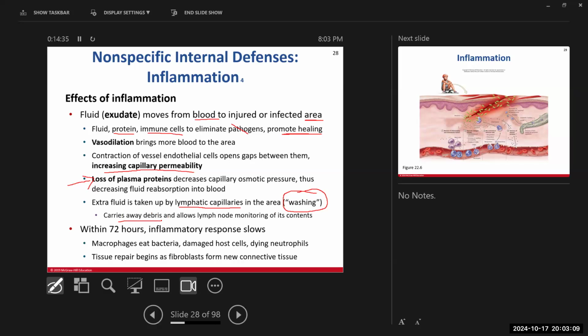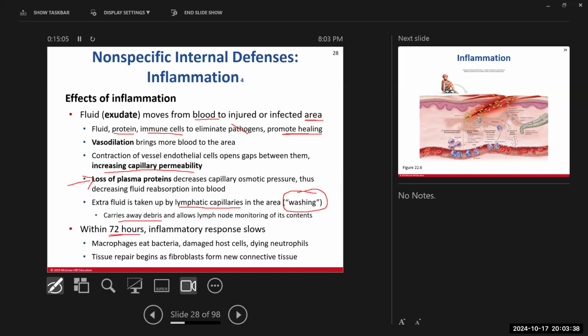So all that stuff that got washed out of the tissue is now going to go through your lymphatic system where you have white blood cells evaluating and analyzing all of that stuff that just got washed out of that tissue site injury there. And so there's probably some pathogens there. So we can kind of take care of that stuff. So this is the amazing thing. Inflammation, 72 hours. I'll even go as high as 96 hours. All right. Good thing. We want that. Okay.